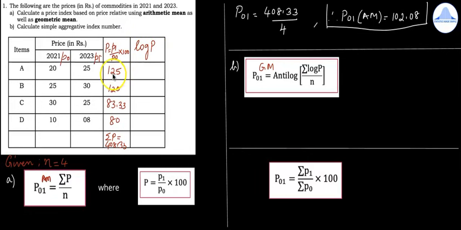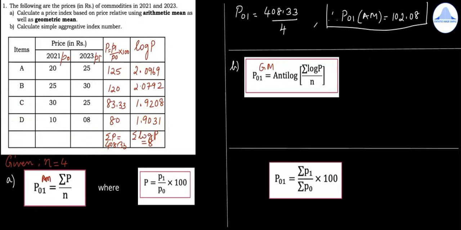So log of 125 is 2.0969. Then log of 120 is 2.0792. Then 1.9208 and 1.9031, and the total summation log P is equal to 8.